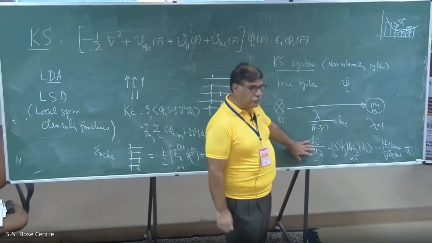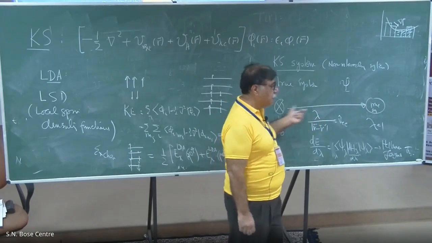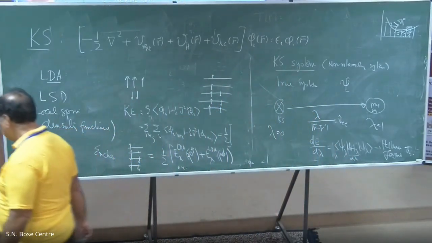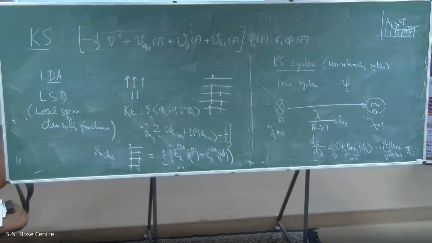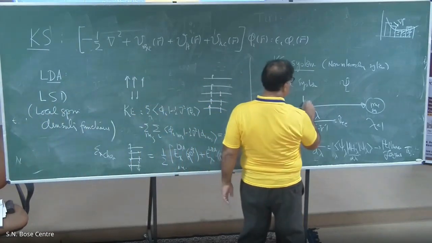So by using this perturbation theory, if I switch on the interaction, I can connect from here to here. In this path, both have the same density. Keep that.